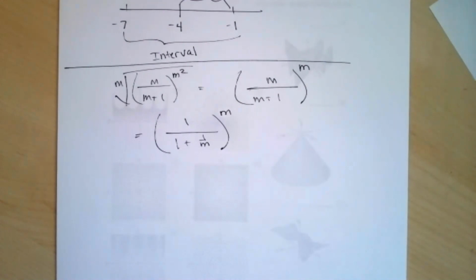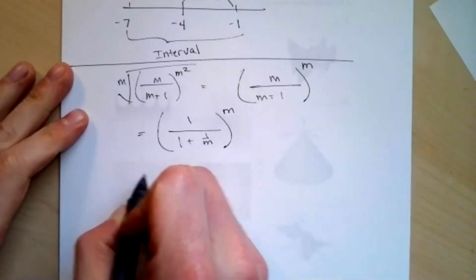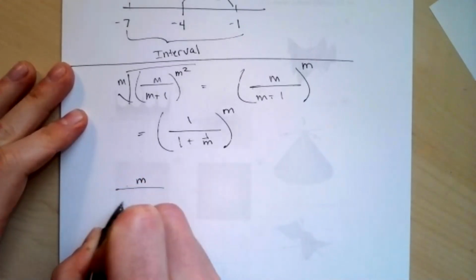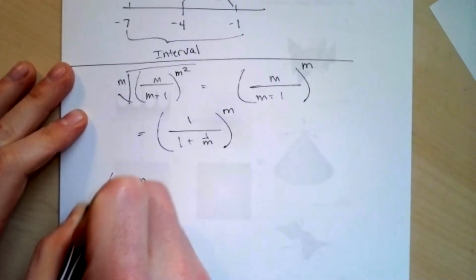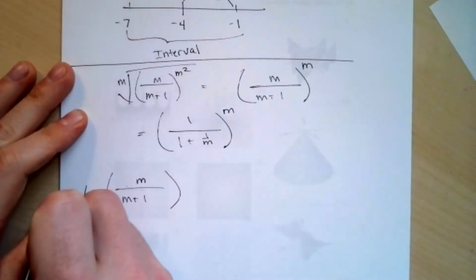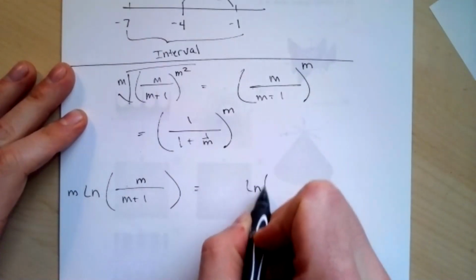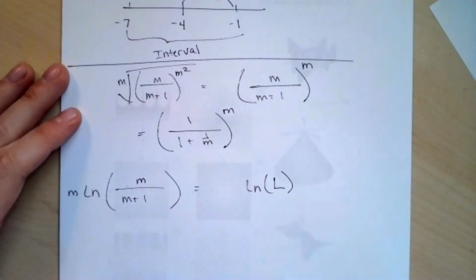So then you've got to compute this limit, which you probably have to do your finagling. So let's keep it as m over m plus 1. We'll take a natural log so we can pull down that m. We've got to remember to undo that natural log.